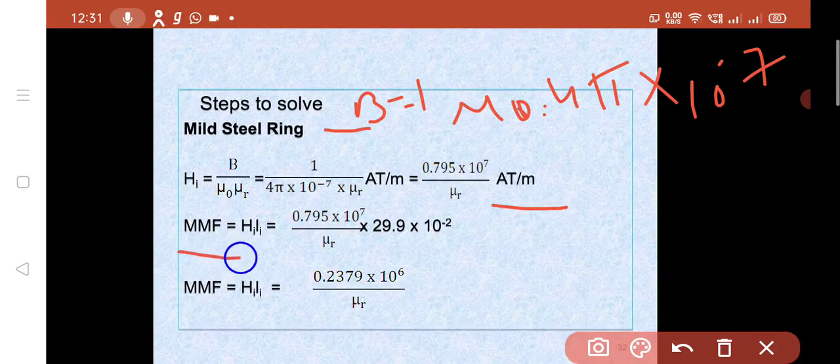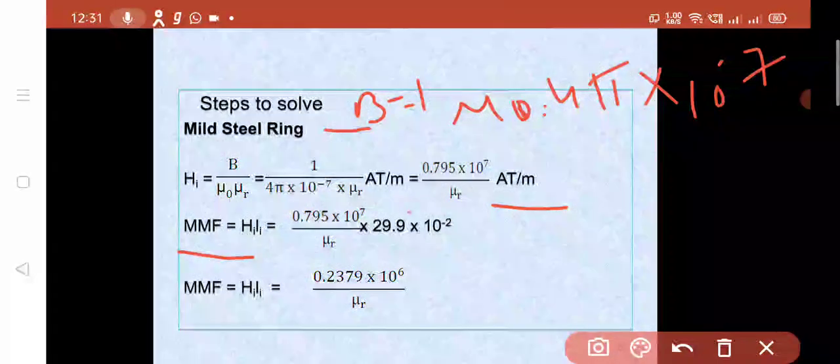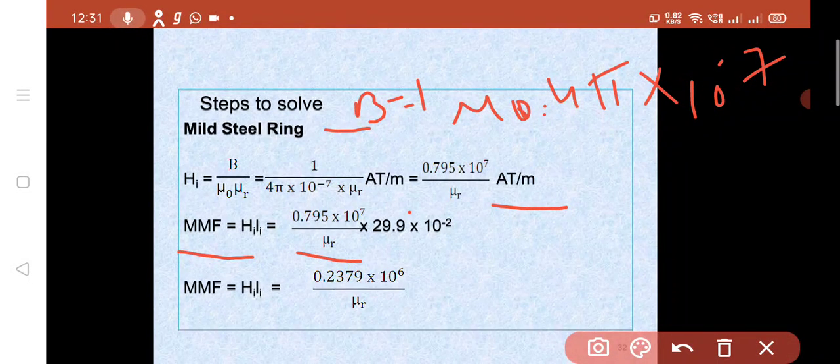Next, MMF is equal to Hi Li. So 0.795 into 10 to the power of 7 by mu R into the Li value, 29.9 into 10 to the power of minus 2.